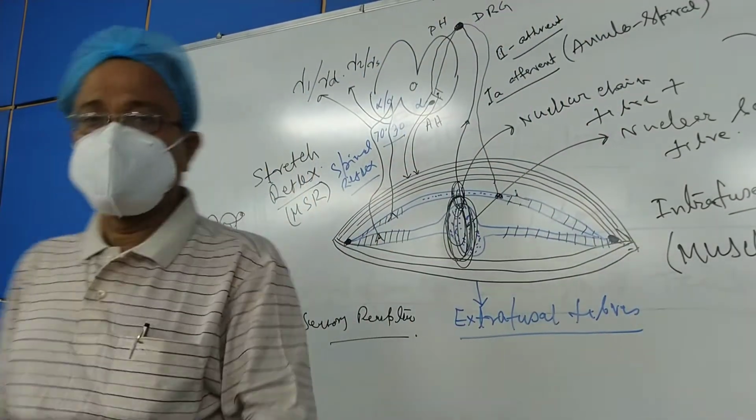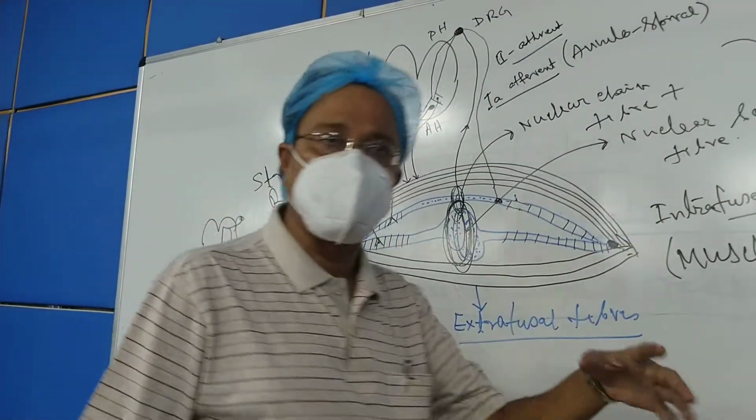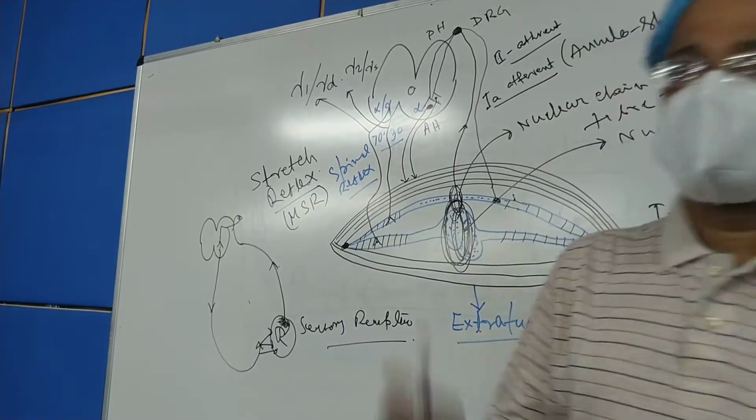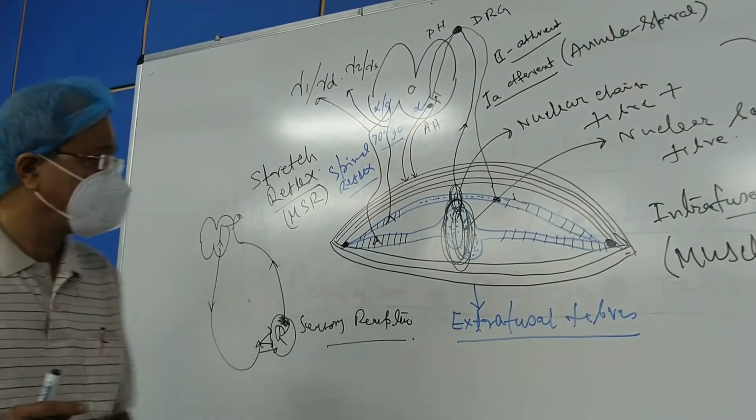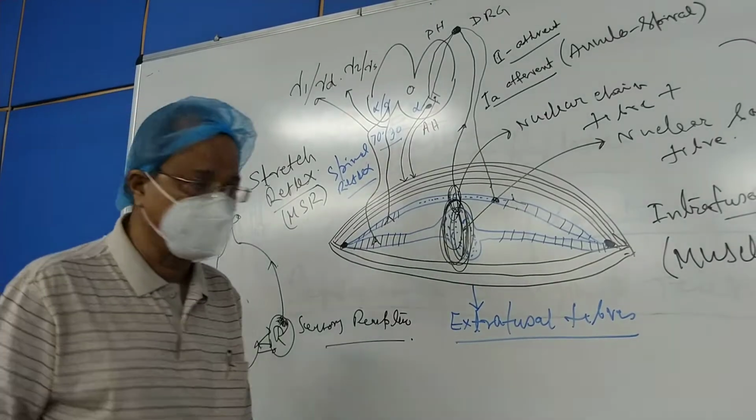Other reflexes are either bisynaptic or polysynaptic. So this is the only monosynaptic reflex. Stretch reflex is the only monosynaptic reflex which is present in our biological system.